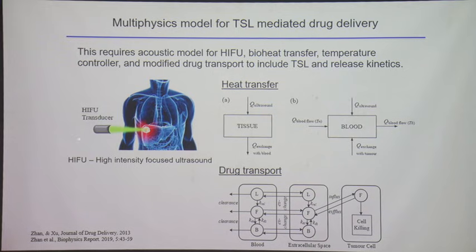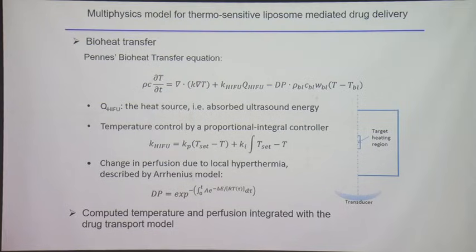There is a separate equation to model the energy released by focused ultrasound, coupled with the other equations I mentioned earlier. So this is a fundamental bioheat transfer equation that you can adopt. There are source terms, so this term reflects the heating source.